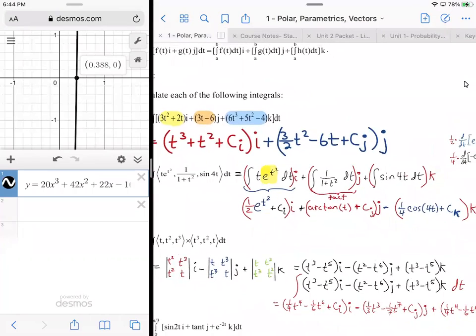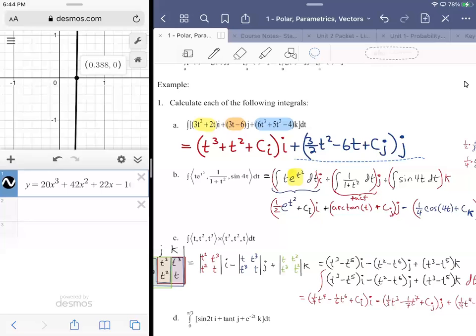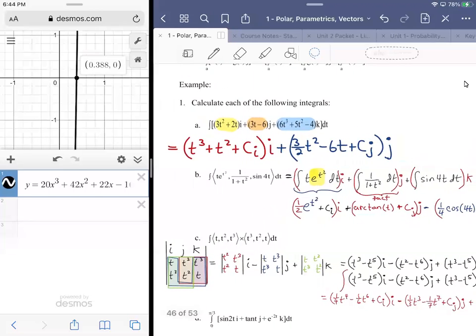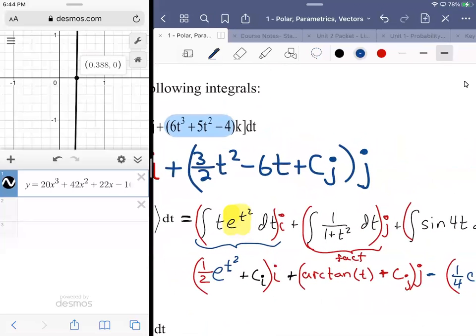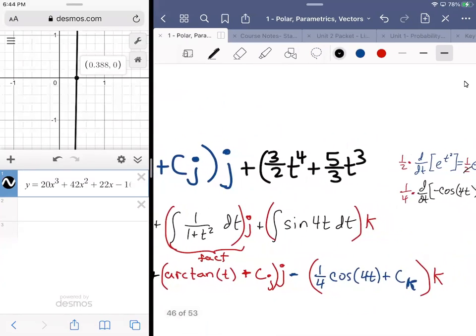j. And then finally, last but certainly not least, smidge this over. Anti-differentiate this piece. We'll do it in black. 3/2 t to the 4th plus 5/3 t cubed minus 4t.